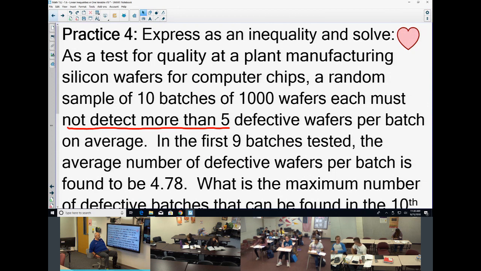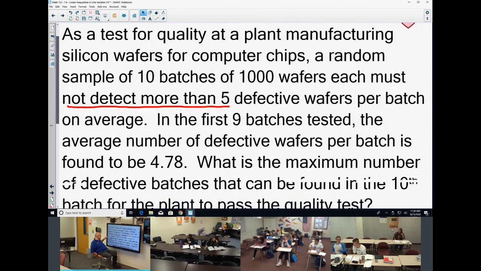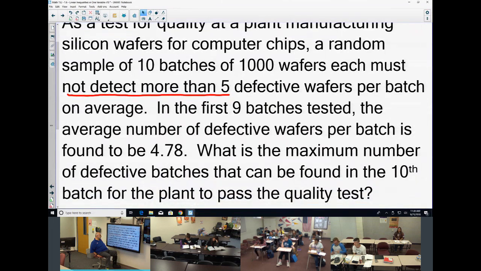In the first 9 batches tested, the average number of defective wafers per batch is found to be 4.78. So it's pretty close. Okay? What is the maximum number of defective wafers that can be found in the 10th batch for the plant to pass the quality test?